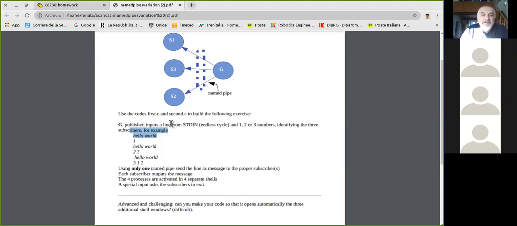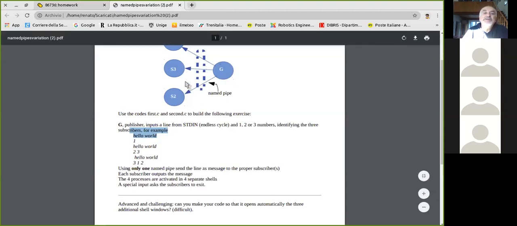So the algorithm is simple, it is a synchronization algorithm, you have to devise how many messages G has to send to S1, S2, S3 to ask them to read and to be sure that they have read, and then G erases and waits in a loop for a new message.